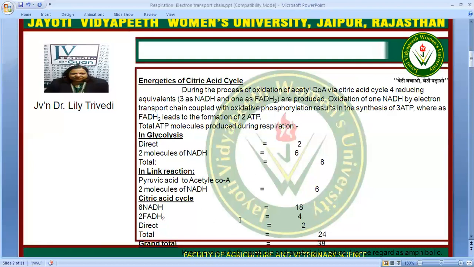Now in the Krebs cycle or citric acid cycle, there are 6 NADH, that means 18, 2 FADH2, that means 4, and direct 2 ATP. So total is 24 in the Krebs cycle. So when we add all these, we are getting 38 molecules of energy.